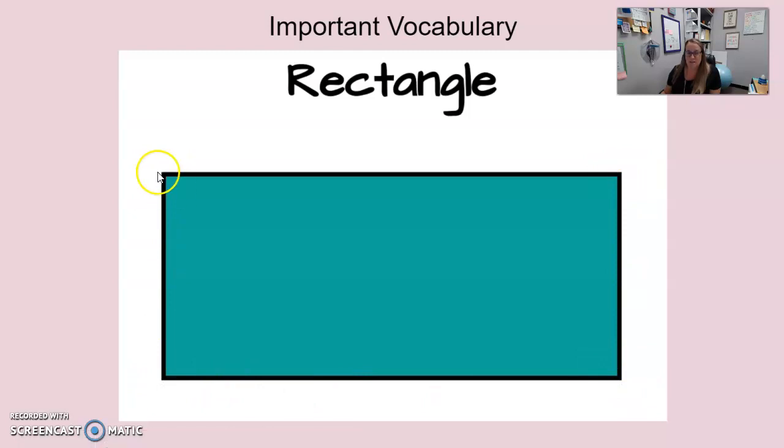Now a rectangle has to have 2 sides that are the same length. So this side and this side are going to be the same size, and this side and this side, or the top and the bottom, have to be the same size. So the top and the bottom are the same size, and this side and this side are the same size. So that's what makes it a rectangle.